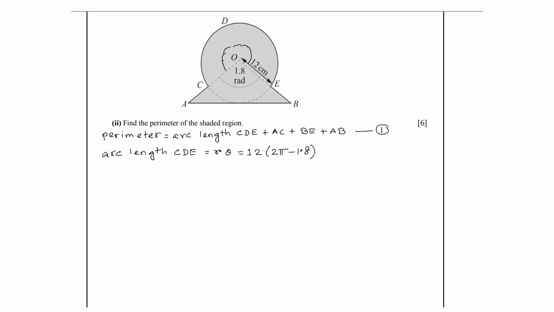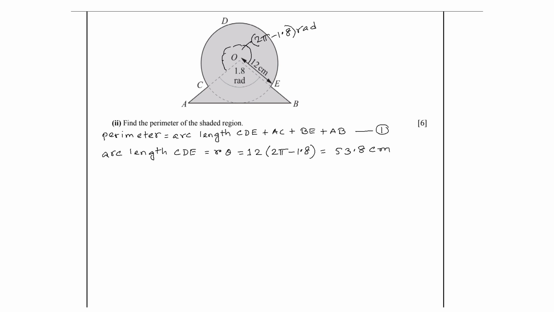How? Let me show you in the picture. Here, this is 2 pi minus 1.8 radians. So now let's use the calculator to get the value, and we have found that the value of the arc length CDE is 53.8 centimeter.